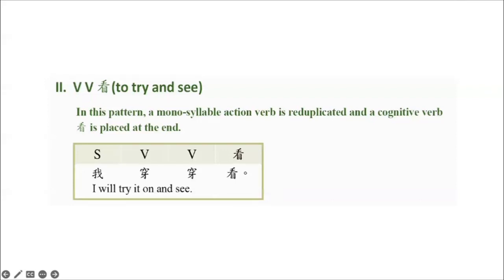For example, perhaps in a clothes shop, I find a piece of clothing that I like very much, but I don't know whether it looks good on me or not. So I say, 我穿穿看, and I can know whether I look beautiful or not after wearing these clothes. So I have a try and get some experience after I put on the clothes.